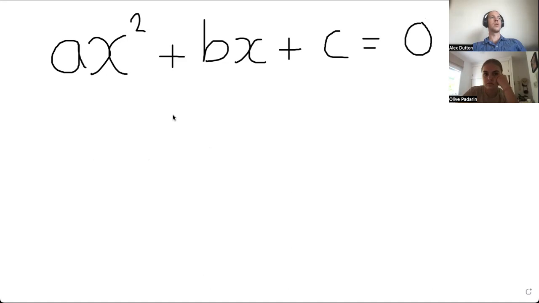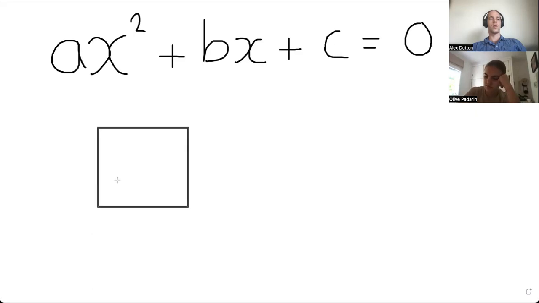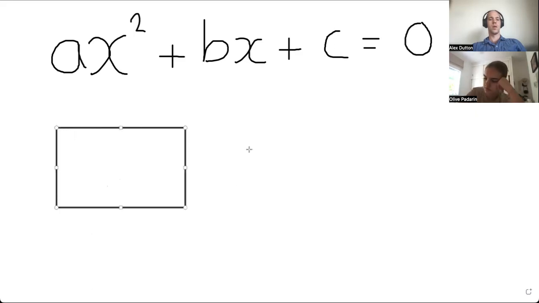The classic example is when you are given the area of something. You're given the area, and then you're told something about the sides. Basically, like the sides, I don't know, like x plus 3, x minus 2.